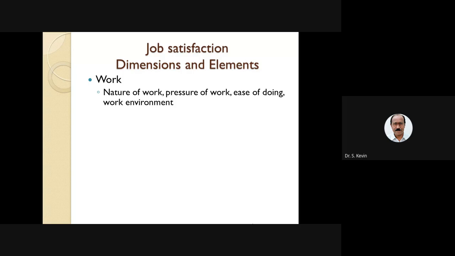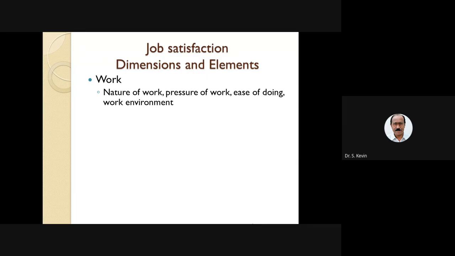Okay. Now we move on to the second dimension, because your satisfaction regarding the job depends upon your satisfaction regarding the work. It depends upon the satisfaction regarding many other things. All these things together are your job satisfaction.